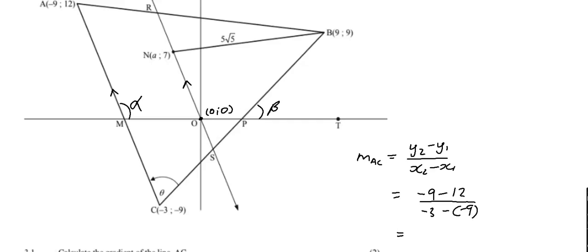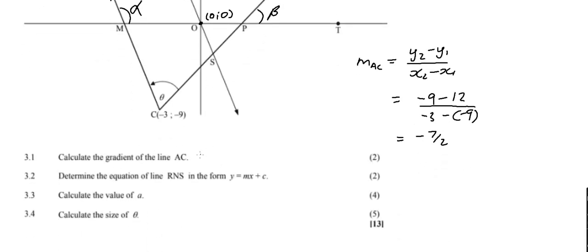So we've got -9 minus 12 divided by -3 minus -9. And the answer is going to be -7/2. That is the gradient of AC. Let's just write it down here, -7/2.